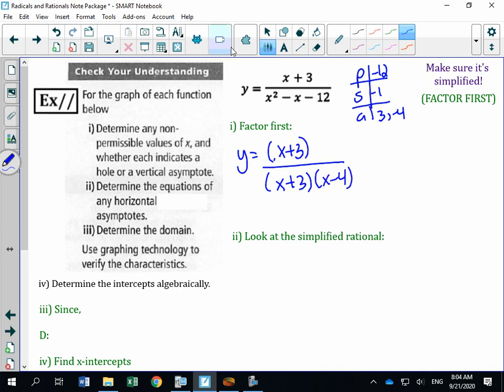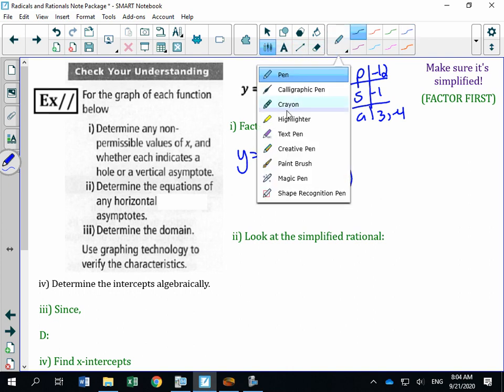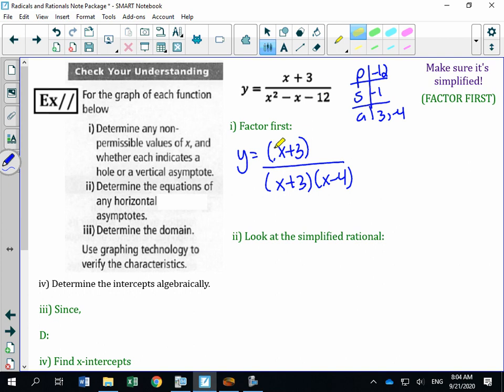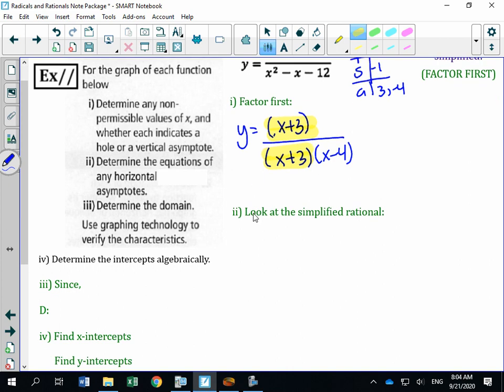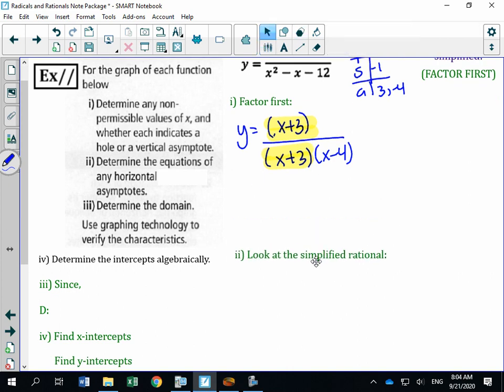Okay, get in the habit of highlighting your common factors, and remember that common factors are holes. So this guy and this guy, that's a common factor. There's going to be a hole there at that common factor. So let's figure out the hole, and then we'll figure out the vertical asymptote.